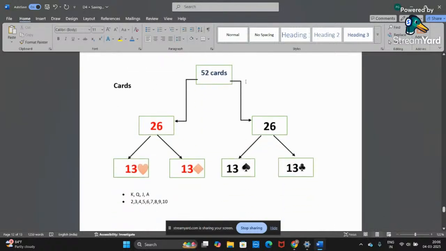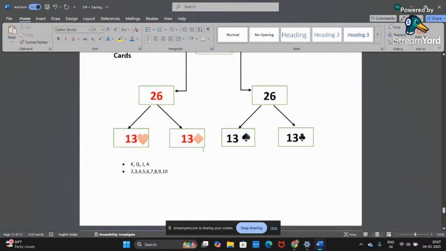In cards there are 52 cards. In that, 26 are in red color and 26 are in black color. In red there are 13 hearts and 13 diamonds, and in black 13 spades and 13 clubs.